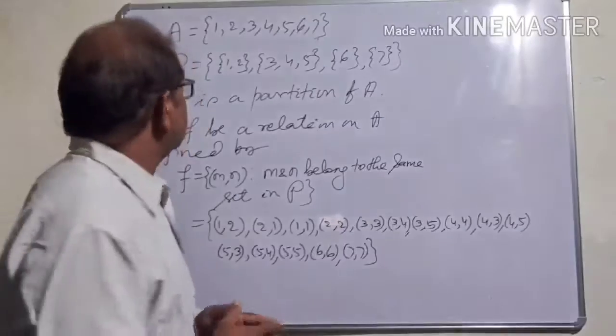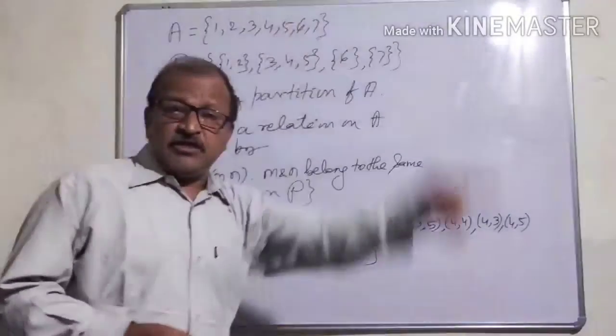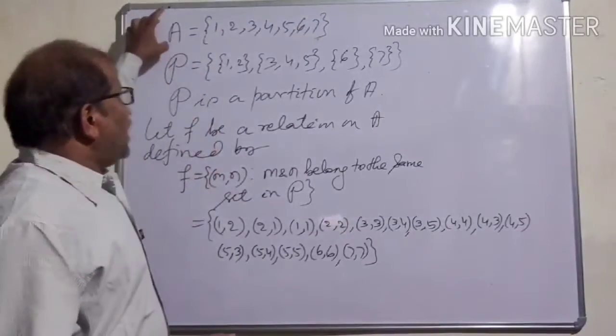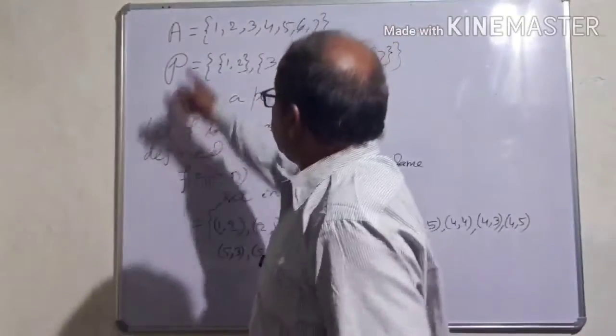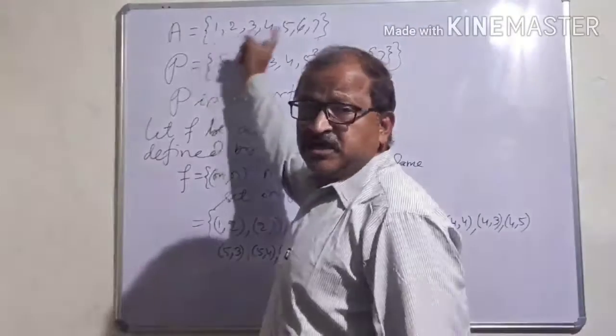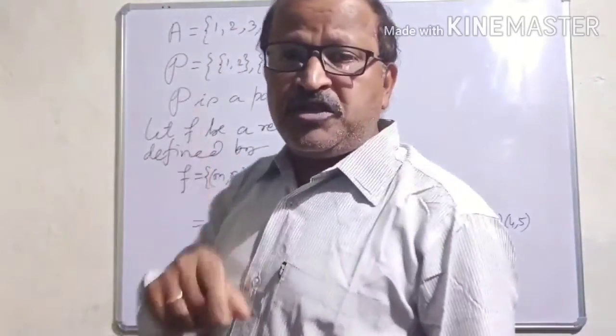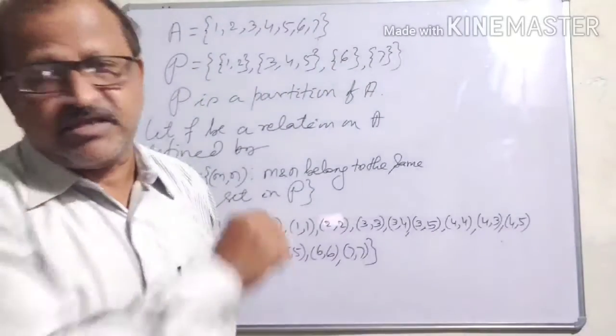Now here you see, I have written a set A which has 7 elements, 1, 2, 3, 4, 5, 6, 7.